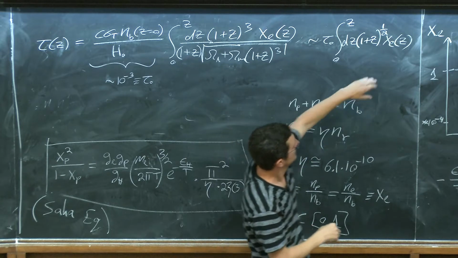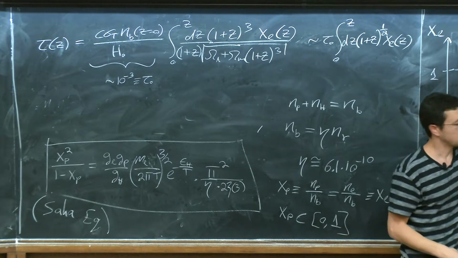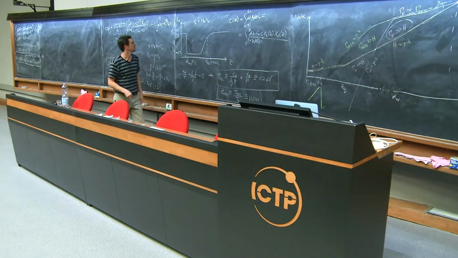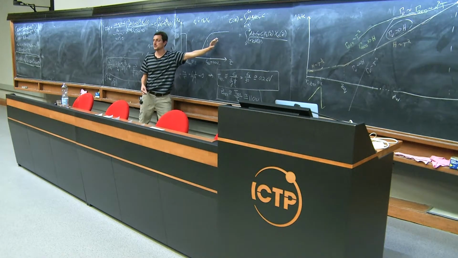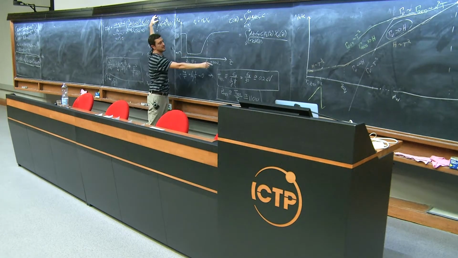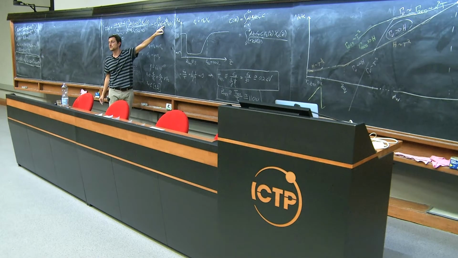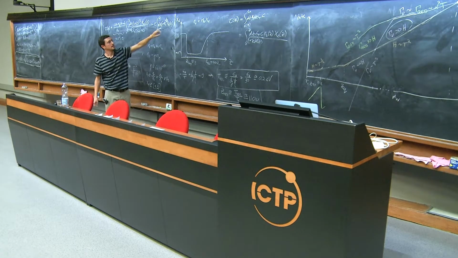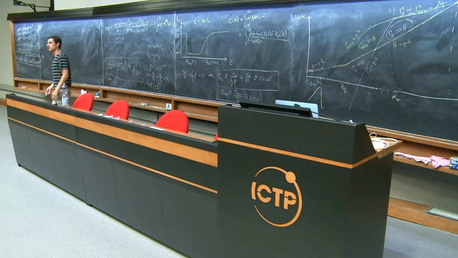So if I'm allowed to continue my integration back to when x_e becomes of order unity, I can immediately estimate this integral, the contribution from z above this recombination redshift that we found. This integral would scale like z to the 3/2, because it's the integral of dz times 1 plus z to the half. So the answer is z to the 3/2. And this redshift is of order 1,000. So 1,000 to the 3/2 is about 10 to the 3.